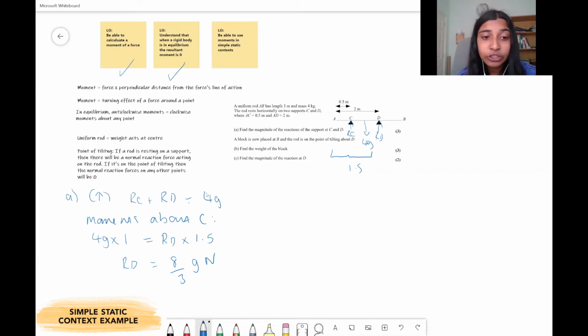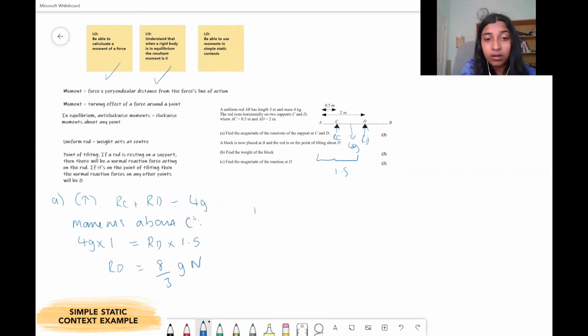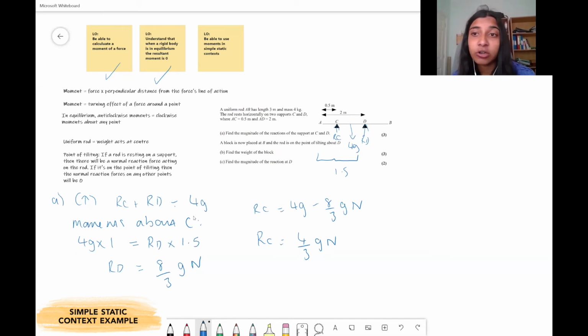Now, using the formula we got when we were resolving vertically, our RC is just equal to 4G minus 8 over 3 G newtons. So that means your RC is equal to 4 over 3 G newtons. That's your answer to this question.